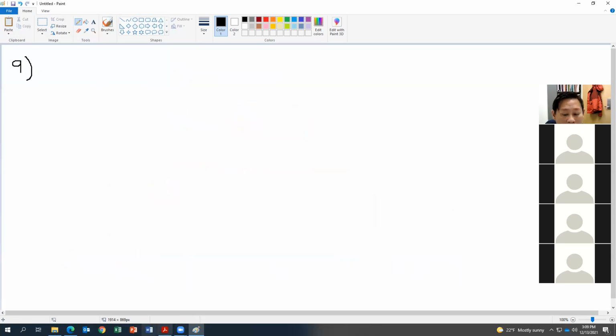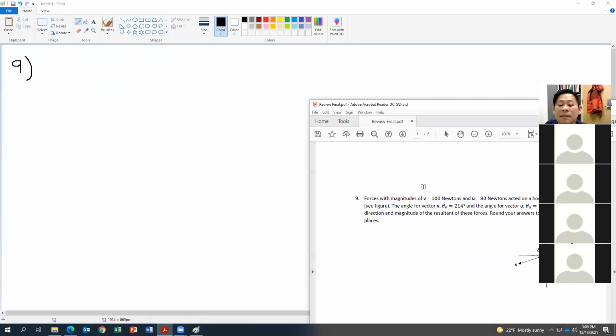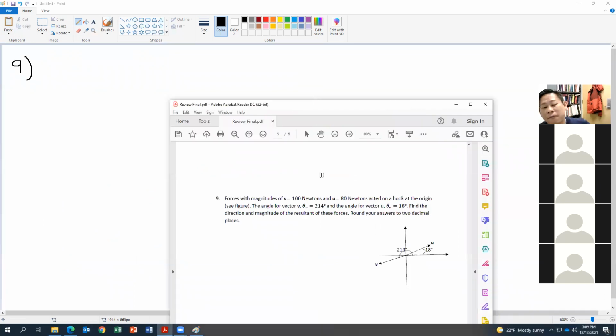Next, question 9. You got two forces, force U and force V. Force U is 80 newtons and force V is 100 newtons, and they are acted on the hook at the origin. So that means the hook is right over at this origin 0, 0.